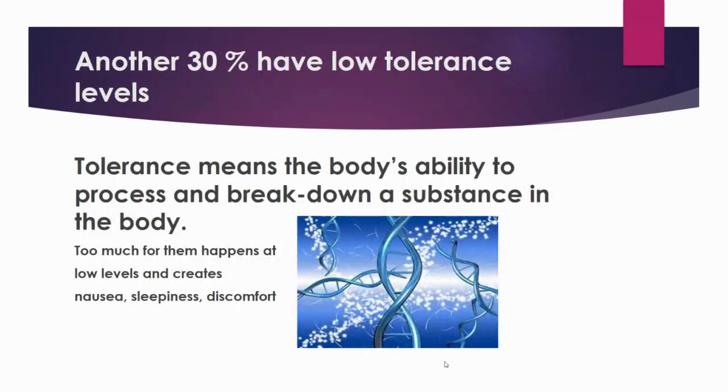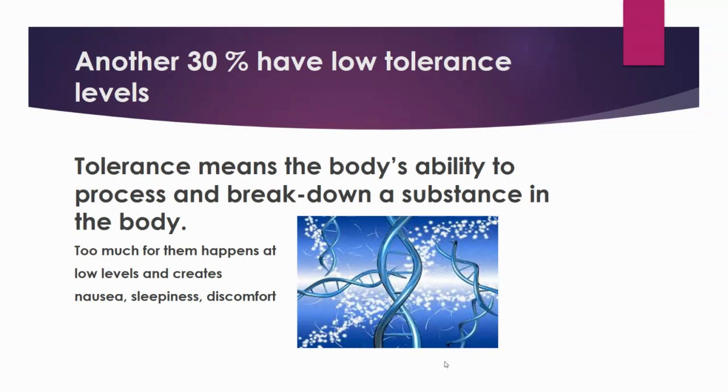So what happens though is, out of that 70%, 30% of that 70% has low tolerance levels. And what that means is, tolerance is how much of the substance it takes to get you the effect. And usually for most people, tolerance builds over time, and it takes more and more of the substance to get you the same effect.